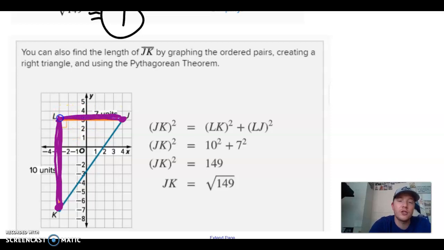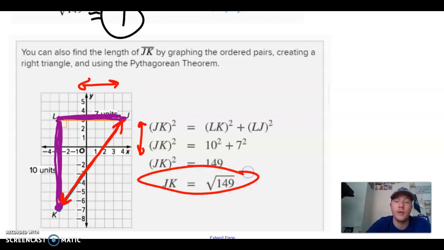If I'm looking for that straight distance between those 2 points, J and K, I cannot count diagonally across a coordinate plane. Okay, the only way I can count on a coordinate plane is straight up and down or straight left and right. Once we have any type of distance where anything diagonal is involved, you can't count anymore. Those aren't full units, right? We're talking about cutting across those units. That's where this distance formula is coming in here today.